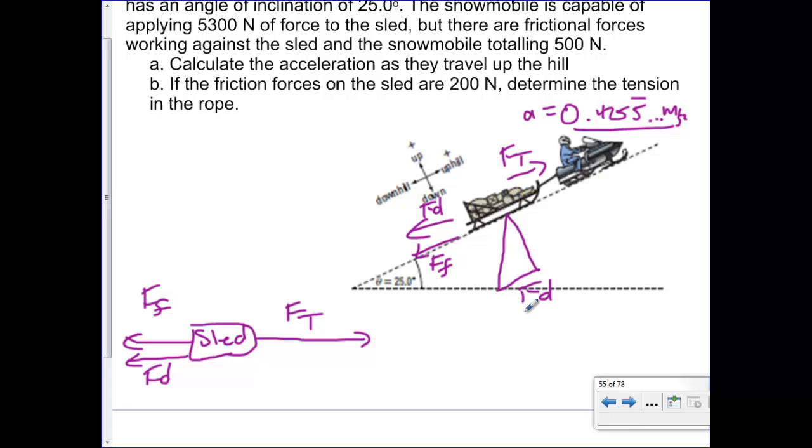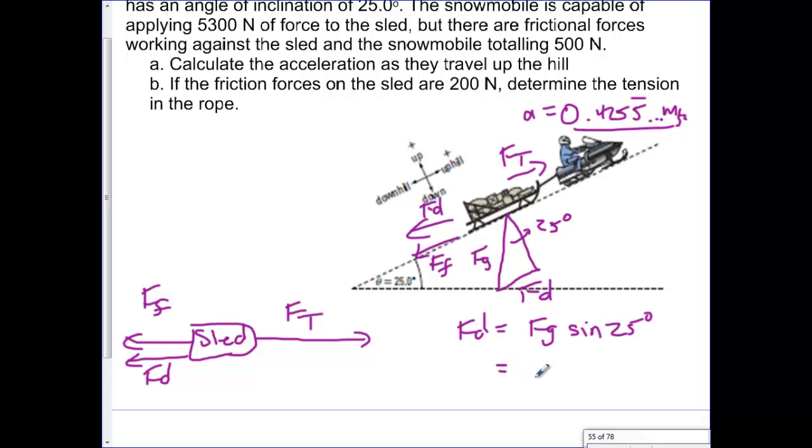Okay. Before I get started, I better find that FD then, because I'm going to need to know its magnitude. To find that FD, it's going to be based on gravity, just of the sled though, not of the snowmobile, and the angle that goes in here would be 25 degrees. So FD would be equal to FG times sine of 25 degrees. How do you find the force of gravity? Mass times gravity?